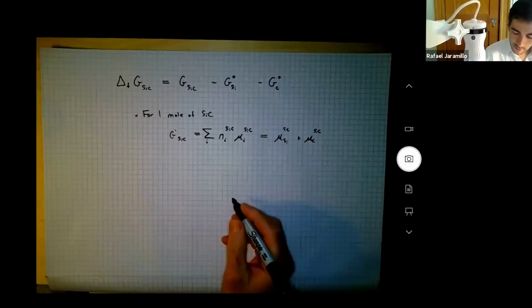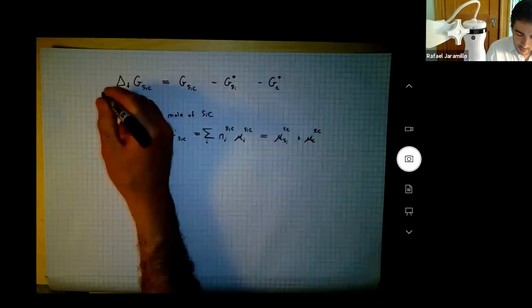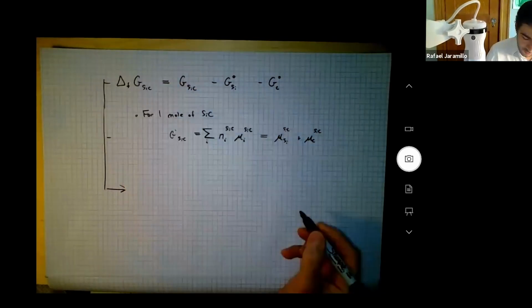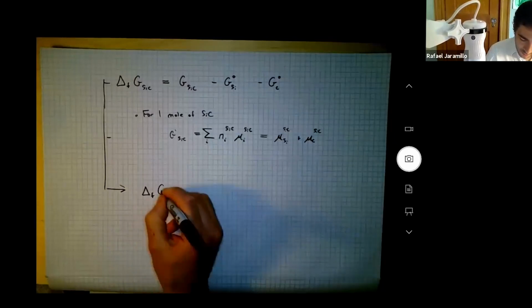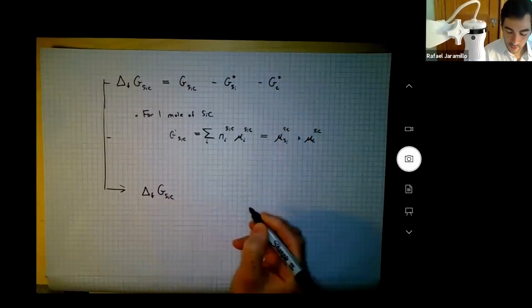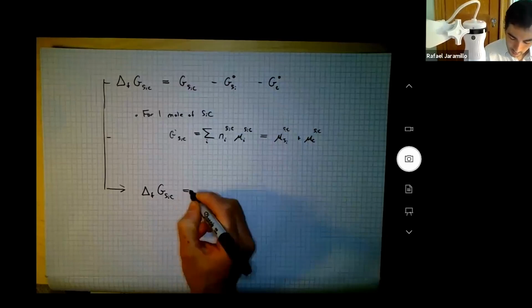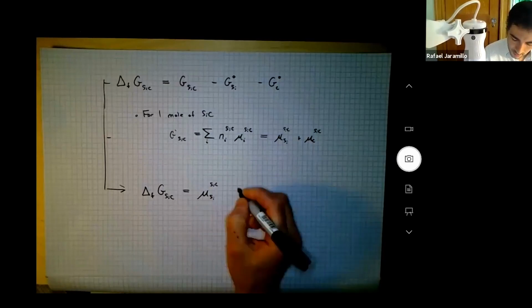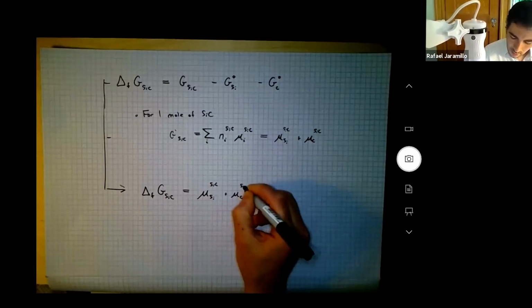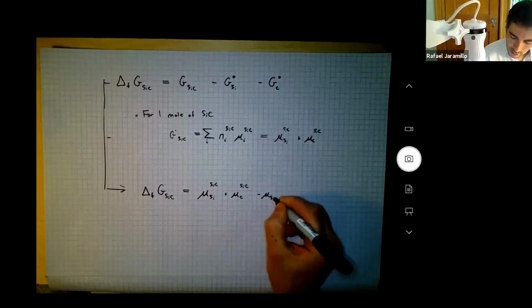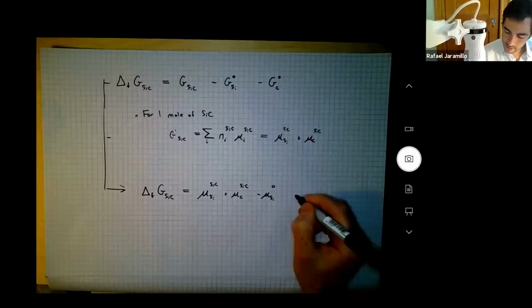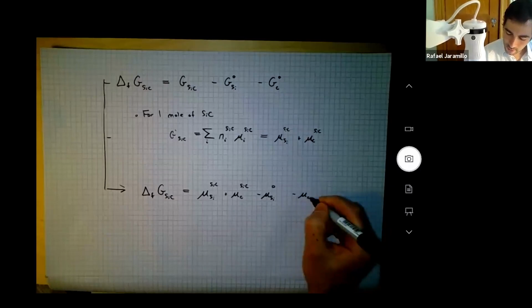I'm just going to plug this in, and what we get is the free energy of formation of silicon carbide expressed in terms of the chemical potentials. So it's the chemical potential of silicon in silicon carbide plus the chemical potential of carbon in silicon carbide minus the chemical potential of silicon in its reference state minus the chemical potential of carbon in its reference state.